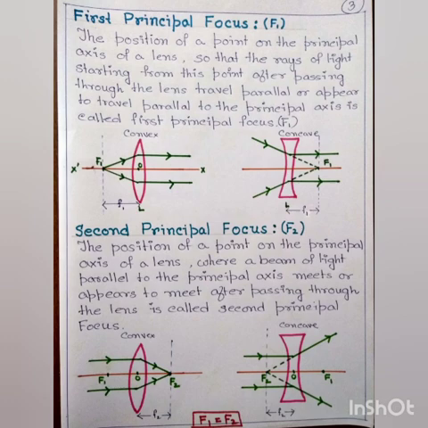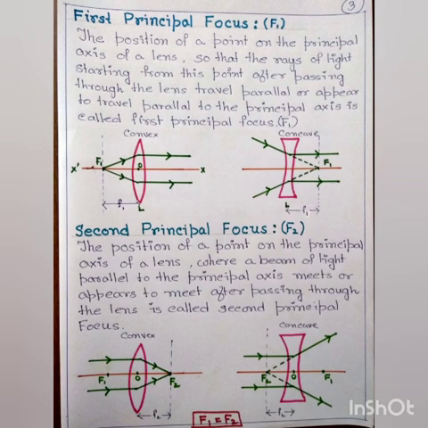Now let us discuss the second principal focus. The position of a point on the principal axis of a lens where a beam of light parallel to the principal axis meets or appears to meet after passing through the lens is called the second principal focus. Now let us consider the pictures.